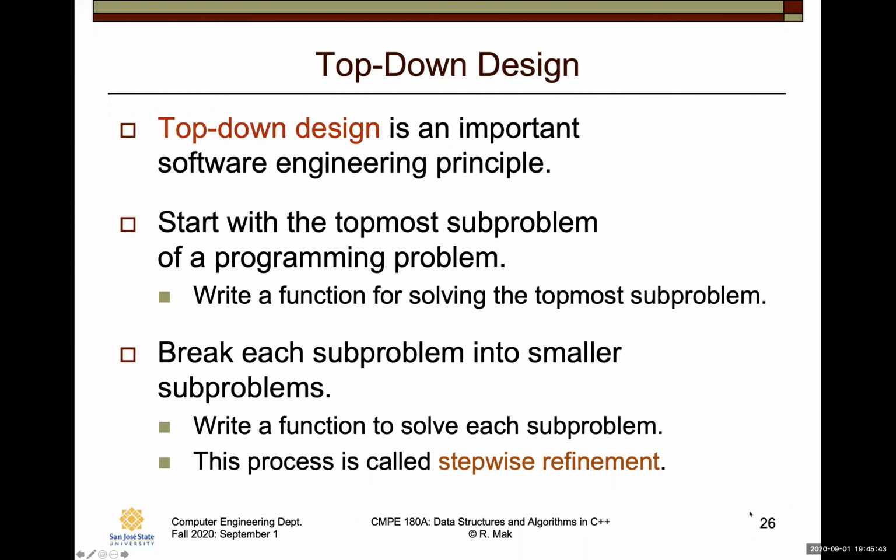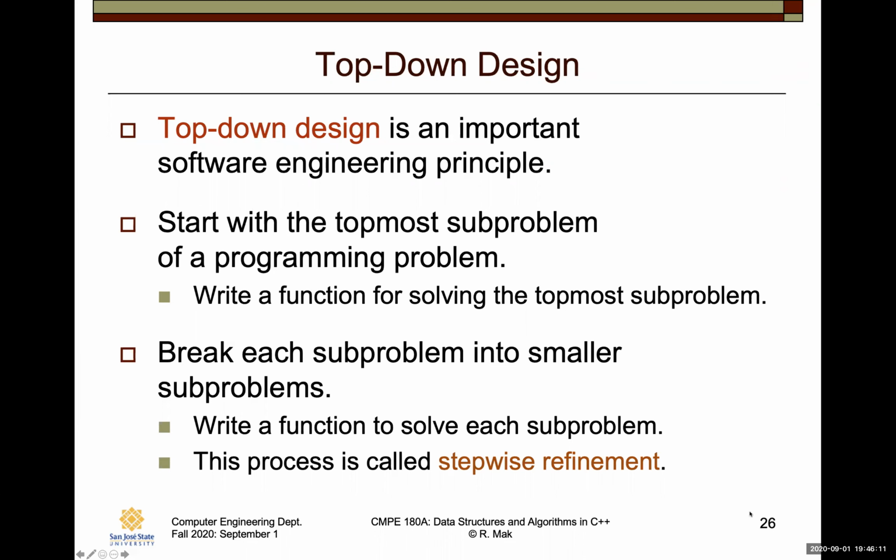You write a function for solving the topmost subproblem, and then you start breaking each subproblem into smaller subproblems, and you write a function to solve each subproblem. This whole process is known as stepwise refinement, because at each step you incrementally refine your solution.